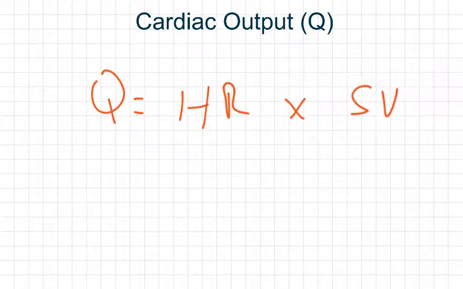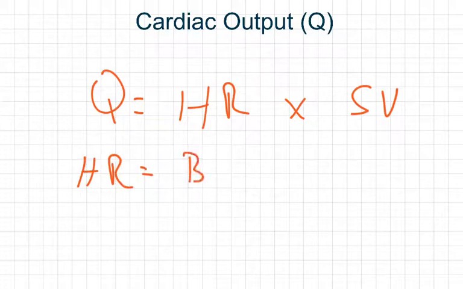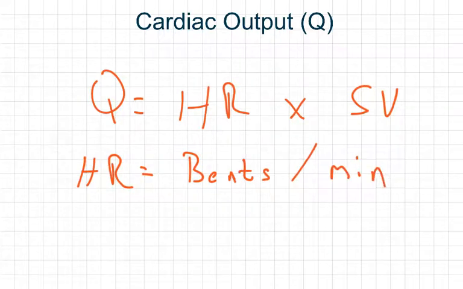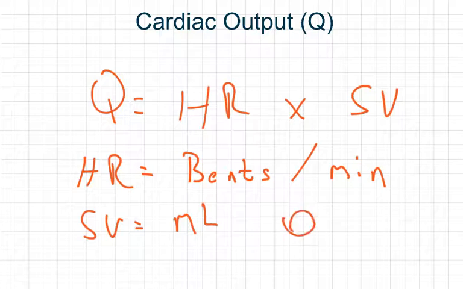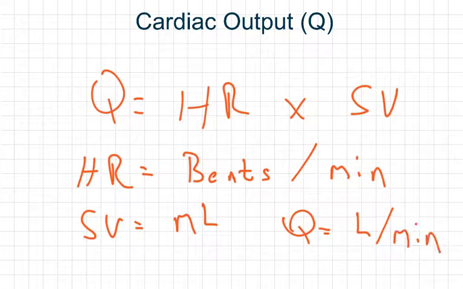Heart rate is beats per minute, and stroke volume is in milliliters. So at the end of the day, when we look at our units, cardiac output is liters per minute.